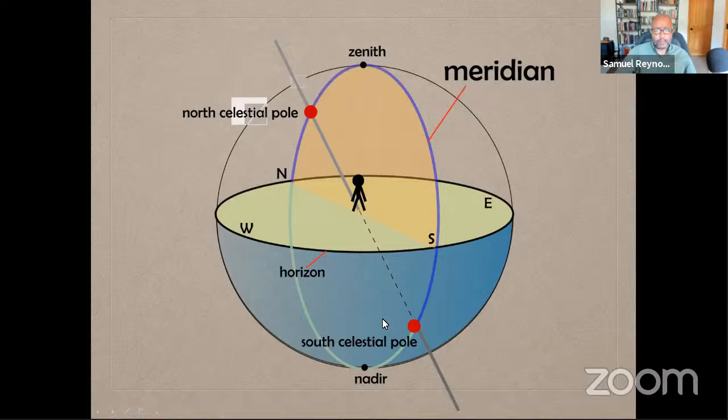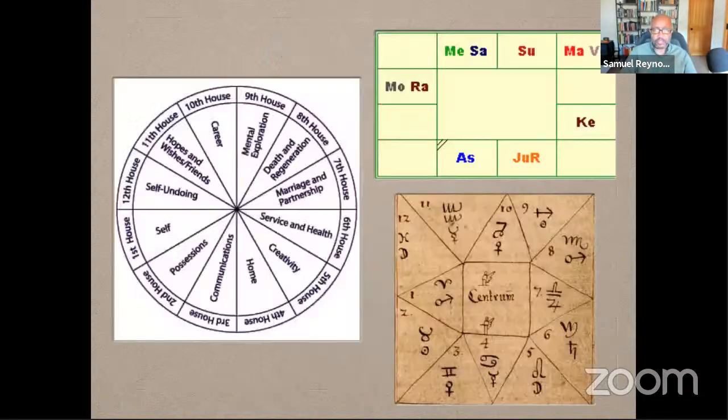So we have nadir, zenith, and then this is going more toward the south. This is just to give you the actual look of how things might appear from a mundane, or the Earth's, perspective. When we talk about a chart, this is how it can look, and we're talking about the houses.